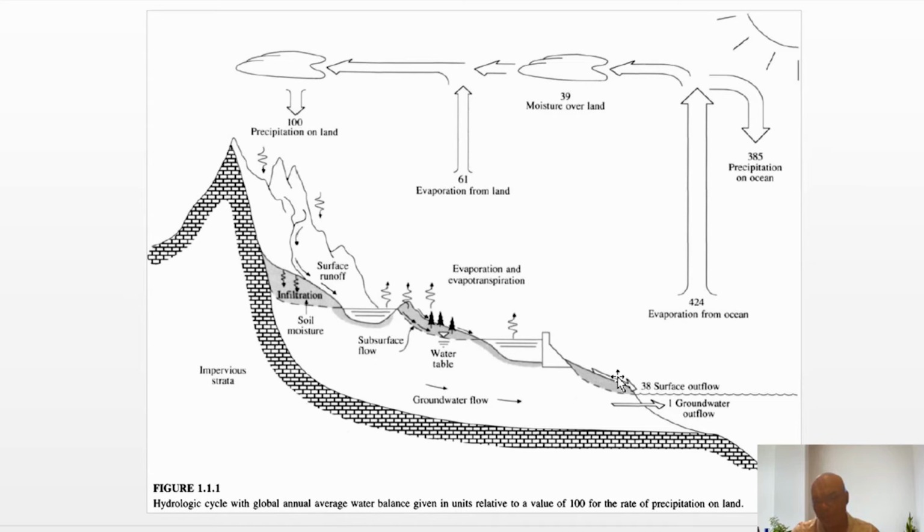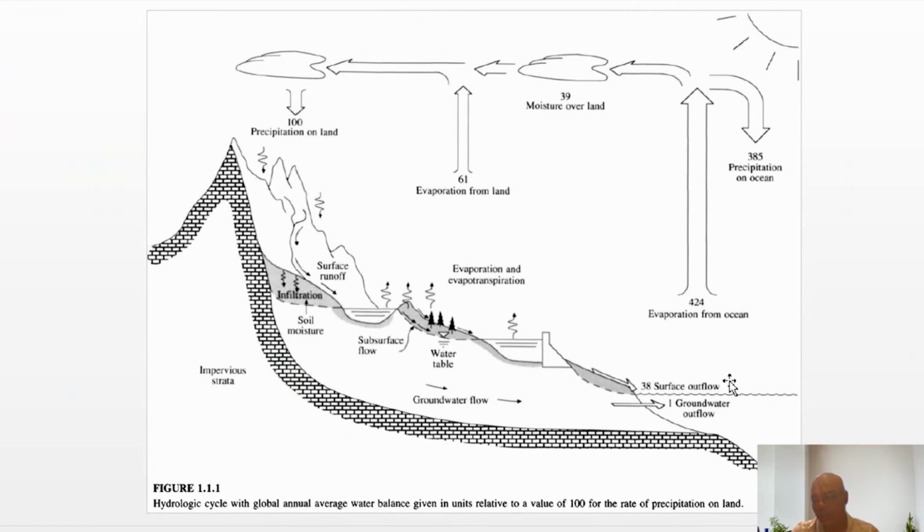Together, they finally join the ocean. The groundwater receives 1% of the precipitation, and that 1% goes back to the ocean. So out of 100 units of rainfall, 61 units go back to the atmosphere as evaporation and 39 units join the ocean. So there is a complete mass balance.